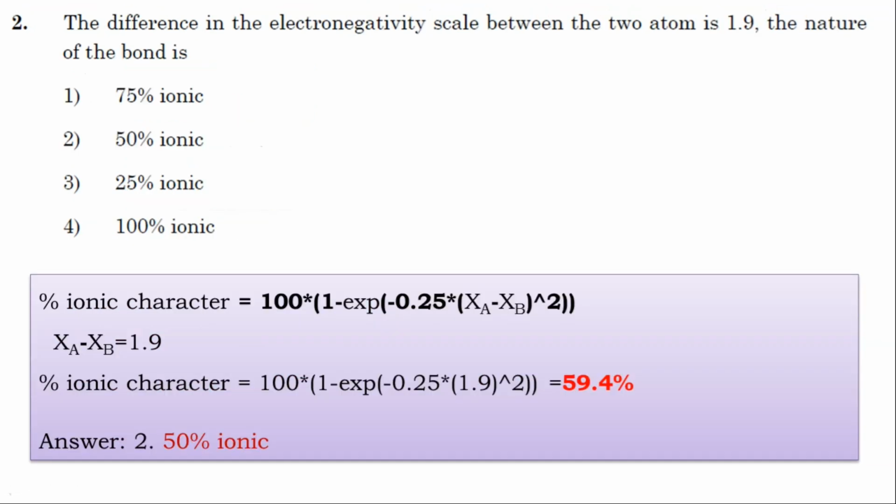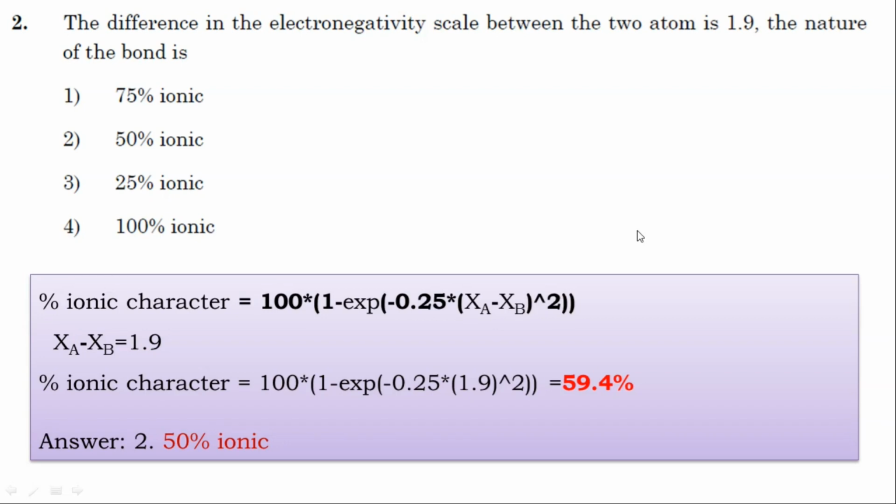Second question, the difference in electronegativity between the two atoms A and B is 1.9. The nature of the bond is. So here we have to calculate the percentage ionic character.